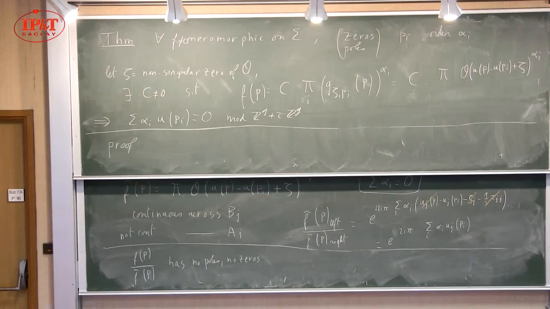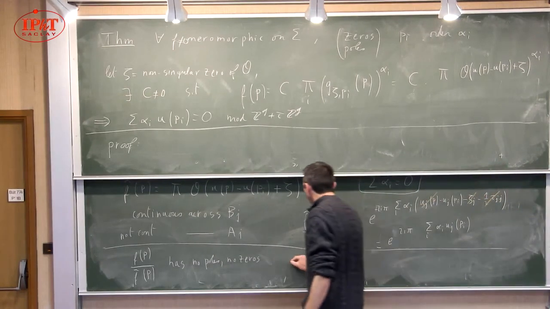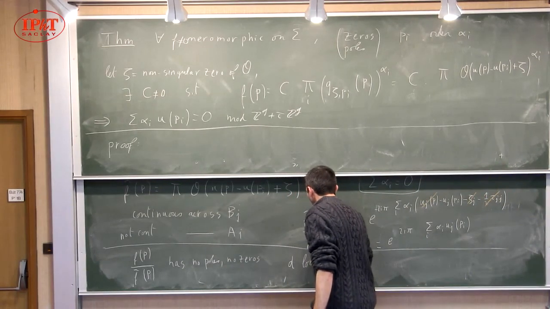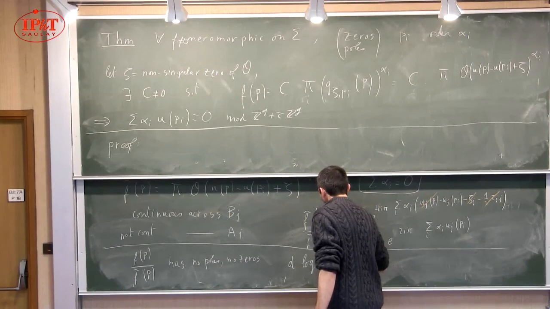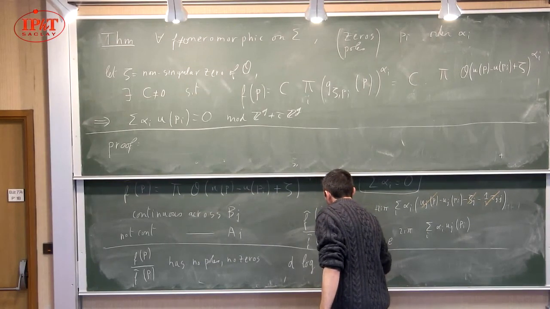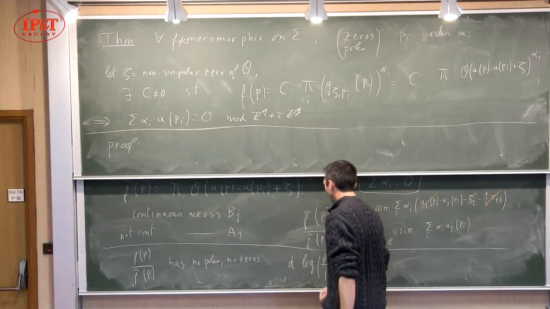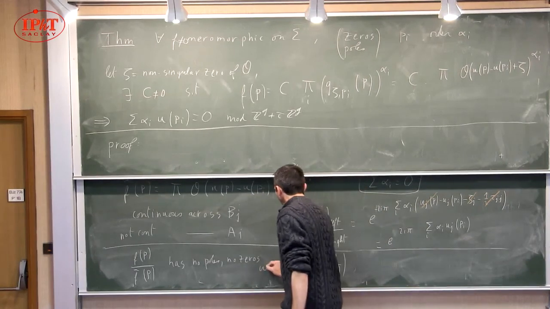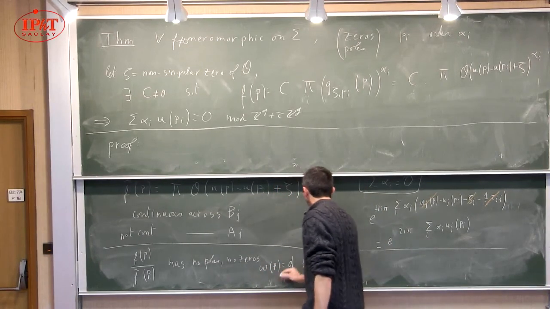But it could have discontinuities. Now take the d of log of f of p over f tilde of p. So the logarithmic differential, so this is a one form.